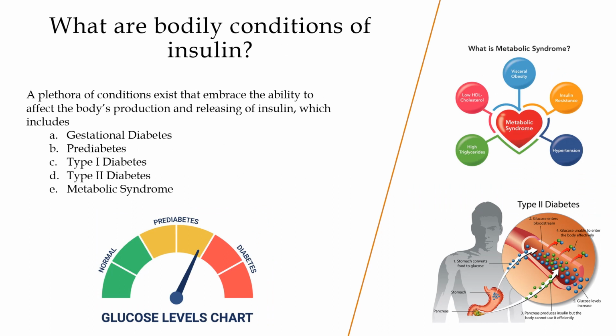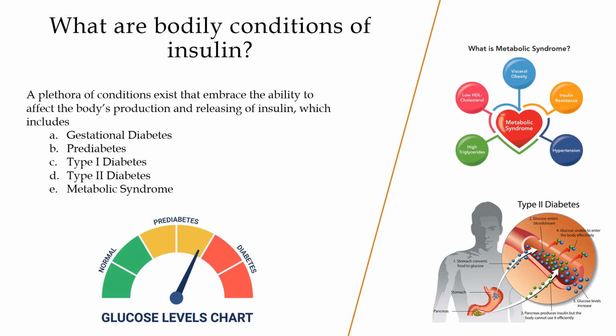The next question states, what are bodily conditions of insulin? Well, a plethora of conditions exist that affect the production and releasing or discharging of insulin, and they include gestational diabetes, prediabetes, type 1 diabetes, type 2 diabetes, and also metabolic syndrome, additionally.